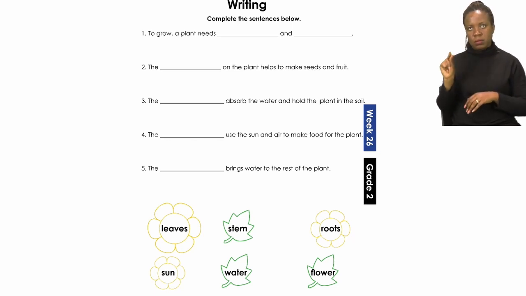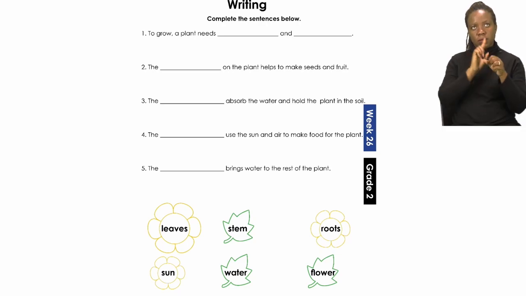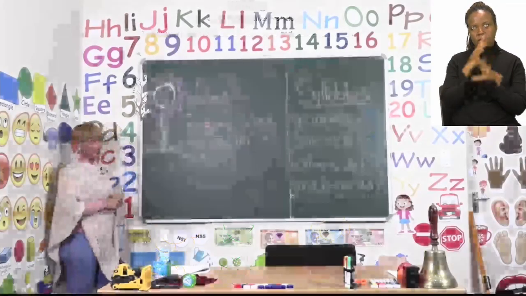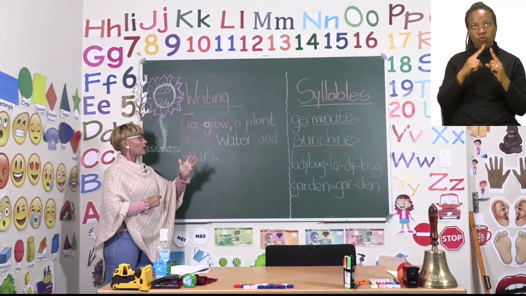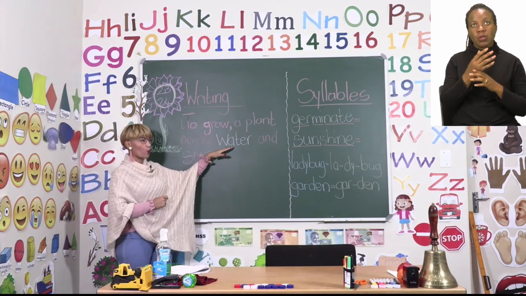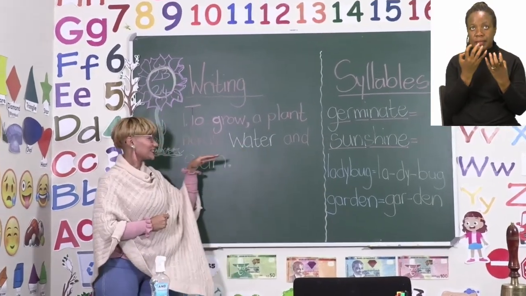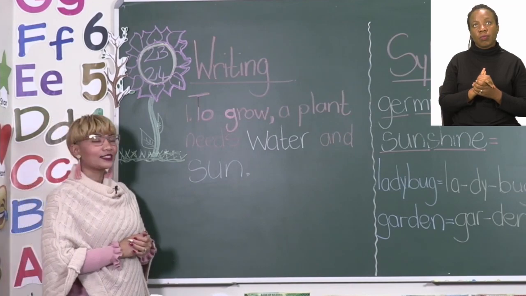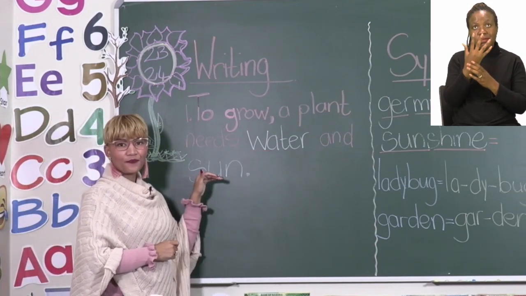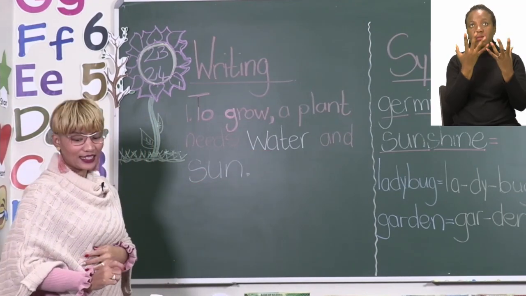Now, I have done the first one for you. So the first sentence reads, to grow, a plant needs water and sun. To grow, a plant needs water and sun.